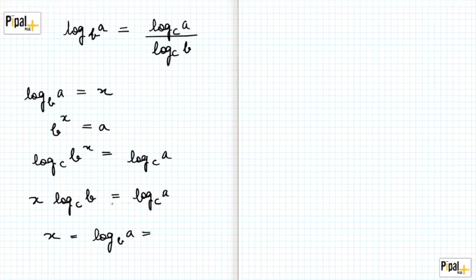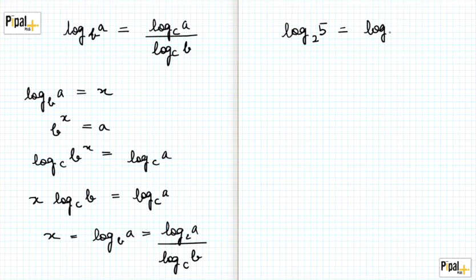From here I get x is equal to log base c of a divided by log base c of b. So simply put, if I have a situation like log base 2 of 5, I can rewrite this as log base 10 of 5 divided by log base 10 of 2.